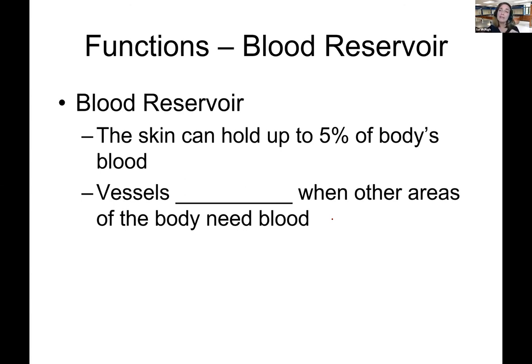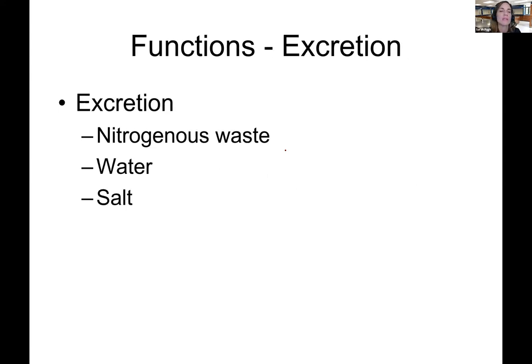And what's going to happen is if another area of our body needs blood, our vessels will constrict and get small and shunt that blood where it needs to go, somewhere else. So the vessels in your skin get really small so that the blood can travel somewhere else in your body where it's needed.